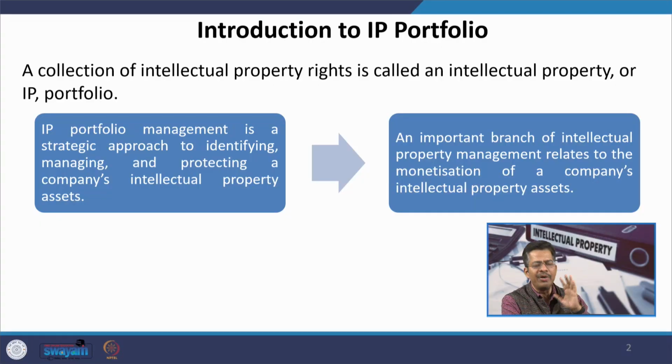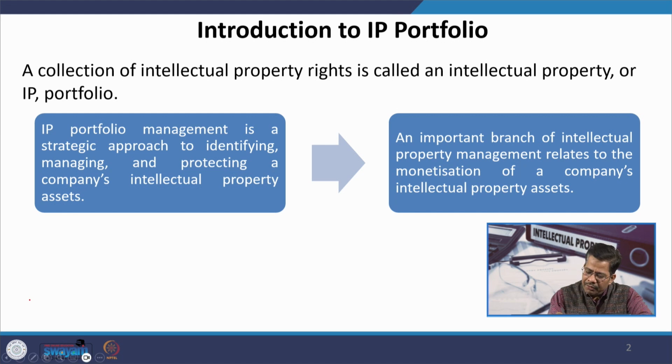Therefore, the portfolio comes into the picture. When you have limited things, when you have one innovation, two innovations, the IP portfolio, or in fact the portfolio itself, will not exist. A portfolio will only exist when everyone is doing innovation in your organization and there is a collection, a bouquet of innovation available with you.